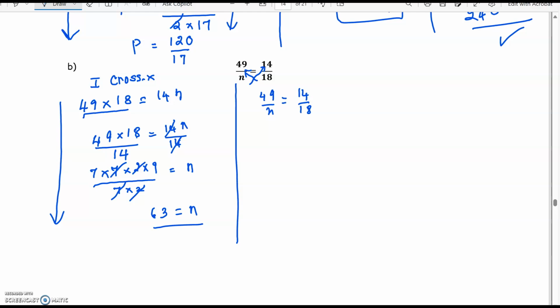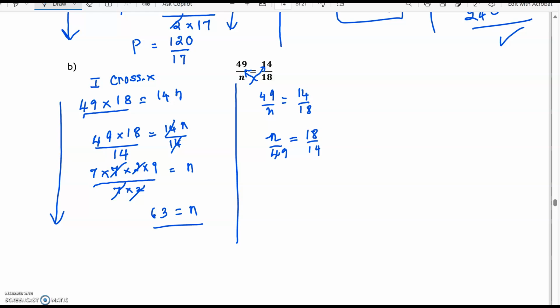Now I take the reciprocal of the left side, which means I flip the fraction, but that will not be equal to 14 over 18. I absolutely need to flip the fraction on the right as long as both are fractions. So that would be 18 over 14. If you know how to do this, it's just one step.